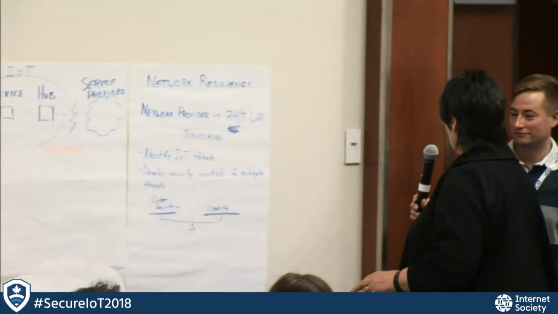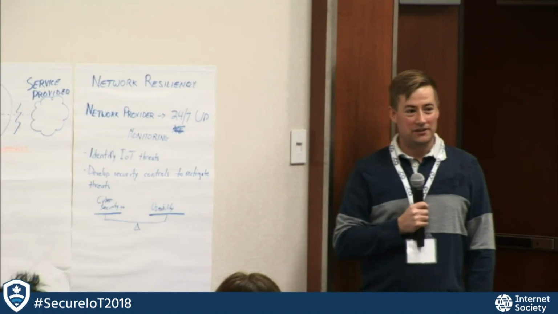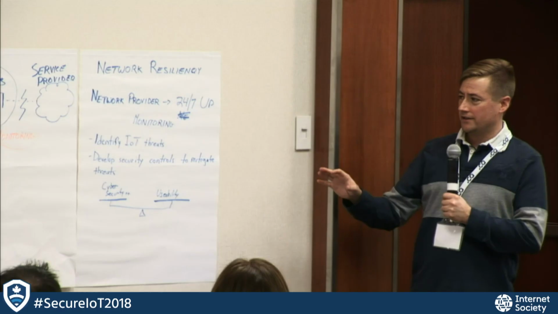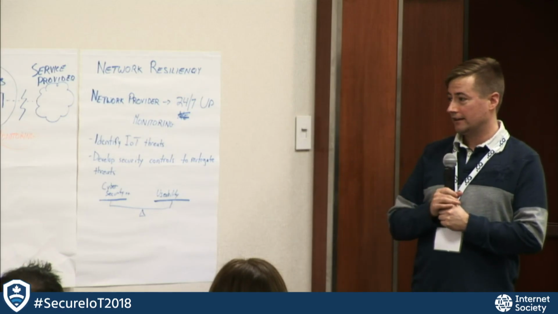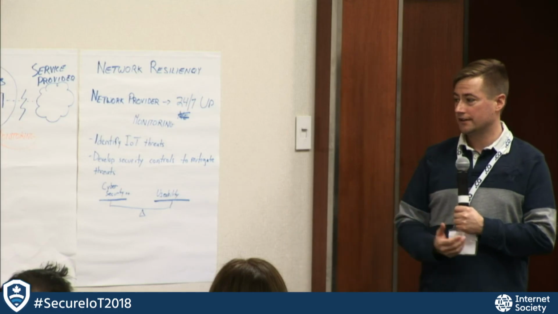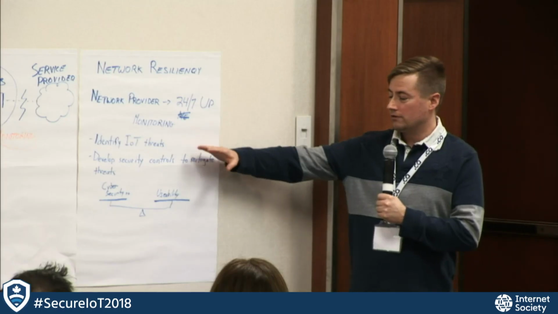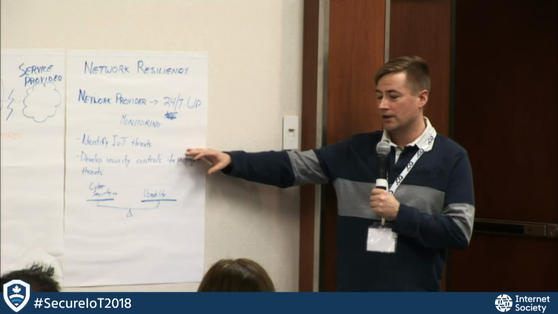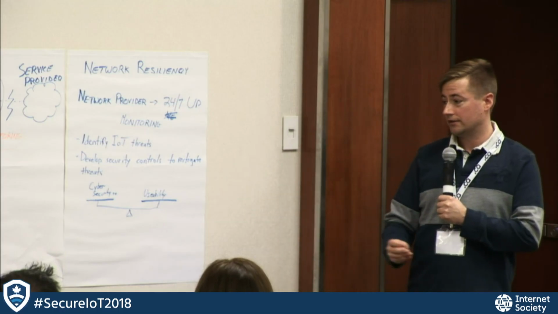You want to do the last part, please? Sure. All right, the next question was about what we could do in a year for network resiliency. We looked at this from the network provider's side, where they want to keep their networks up 24/7, and they could do some monitoring to see what traffic is on their networks. Some of the things that could happen would be to identify what IoT threats look like, and then try to come up with security controls to mitigate those threats.